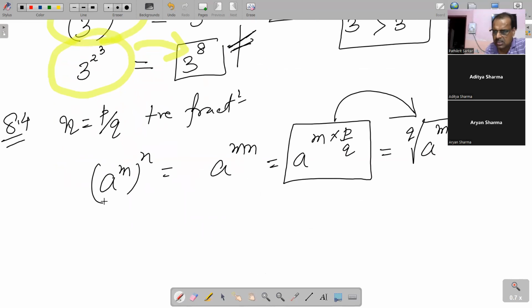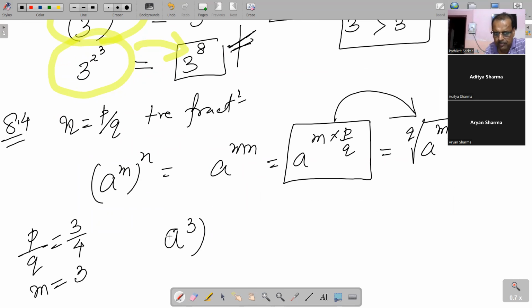For example, I'm just giving another example. Suppose the value of n is a fraction. Suppose the fraction is 3 by 4, and the value of m is just 3. What will happen here? We can write a cube, whole to the power 3 by 4.